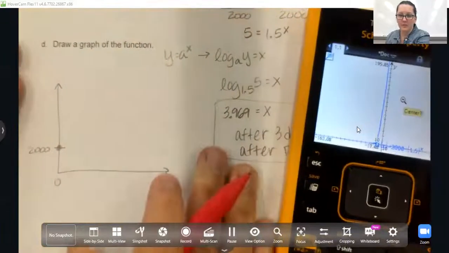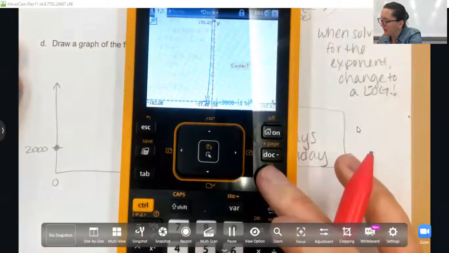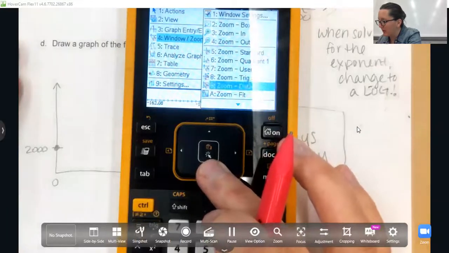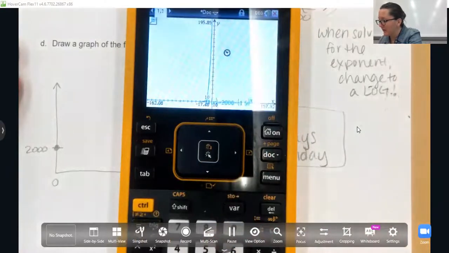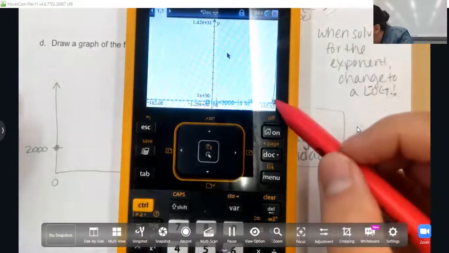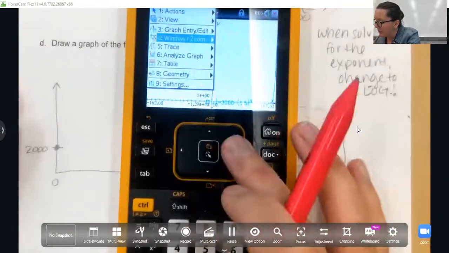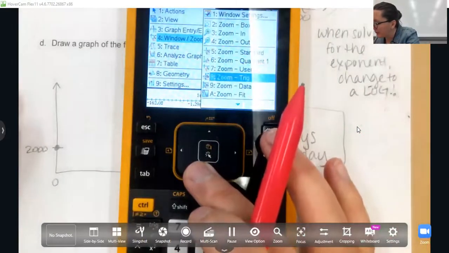So you may have to adjust your window, and let's see if I can pick something else that'll show me a better one, maybe using Zoom Fit. That might be a better, nope, oh, it's over there. So we may have to put the window where I just want it.